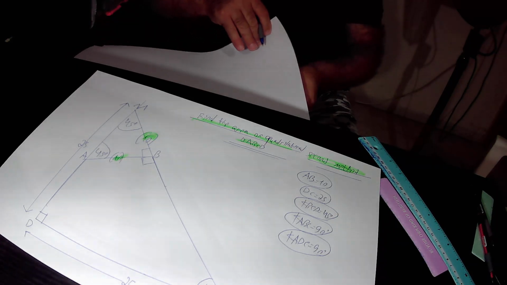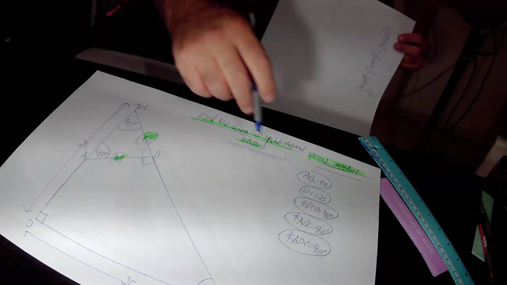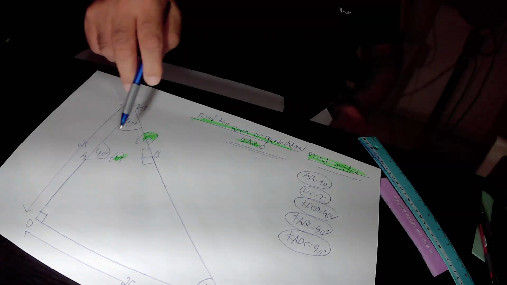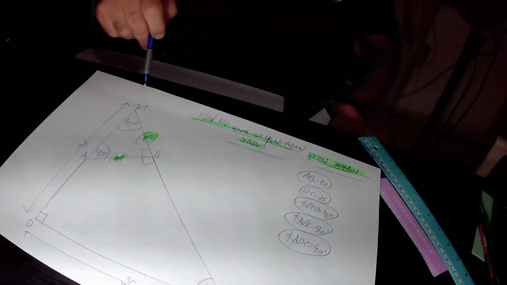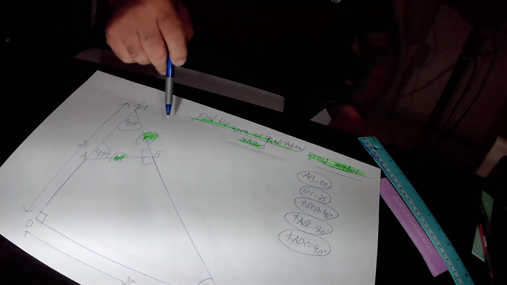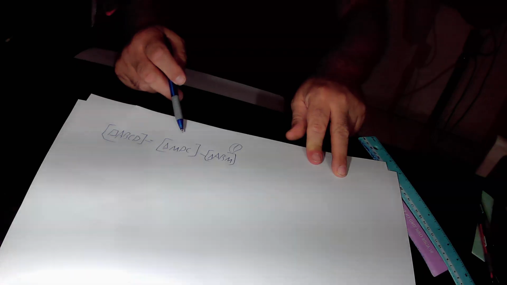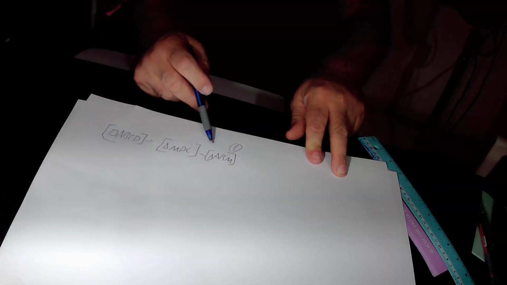The area of quadrilateral ABCD equals the area of the big right triangle MDC minus the area of this small right triangle ABN.